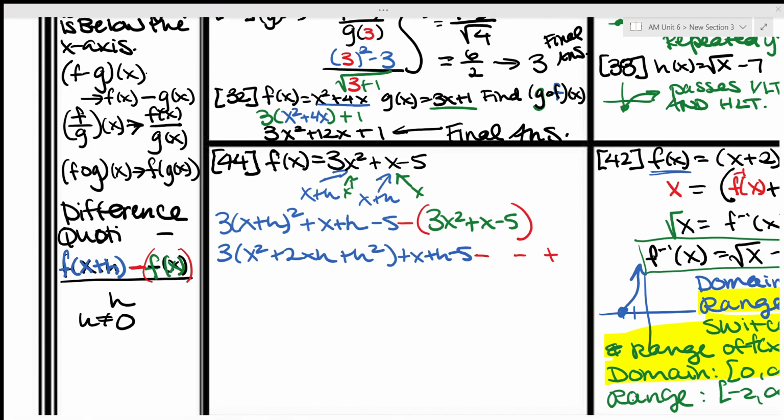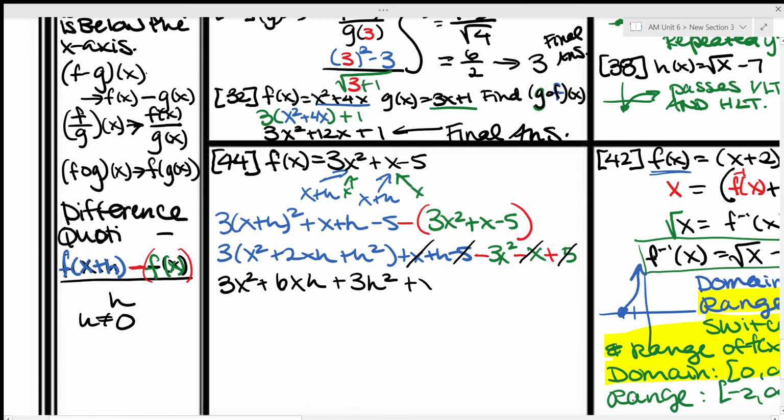Okay, so a negative 3x squared, a negative x, and a positive 5. Then I'm going to distribute over here. 6xh plus 3h squared plus, ooh, and I can start eliminating things here.